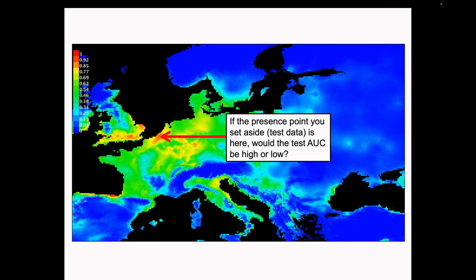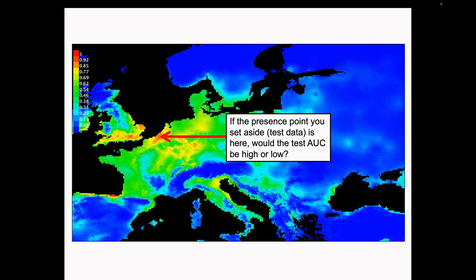So imagine if we ran Maxent and we gave it a bunch of locations where our species occurs, and we set aside a test data point. And then the test data point ended up occurring at that location indicated by the arrow on your screen. Would you expect the test AUC to be high or low?